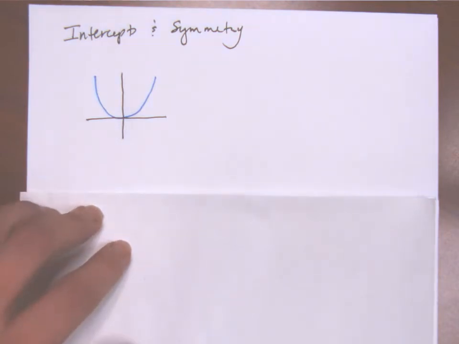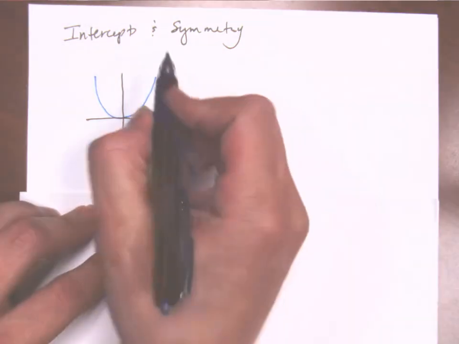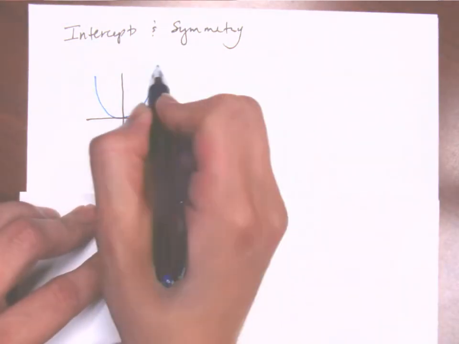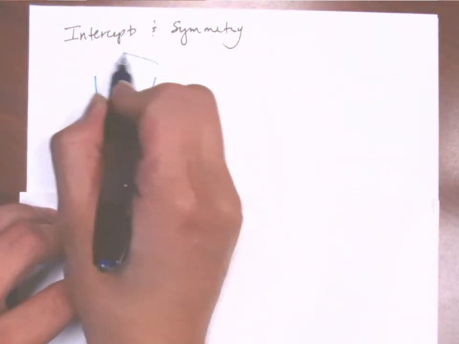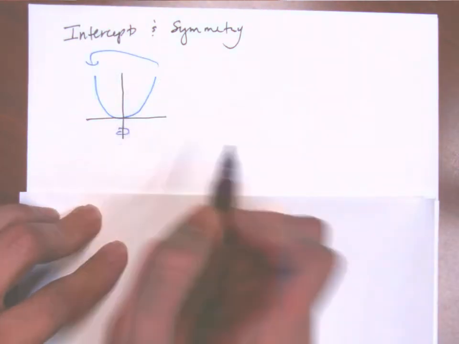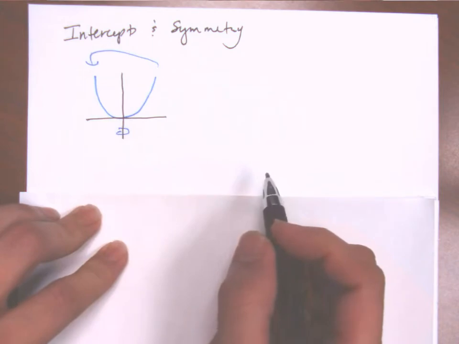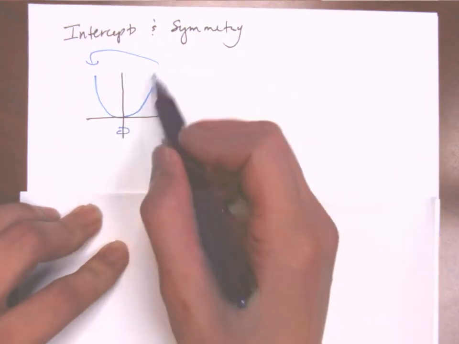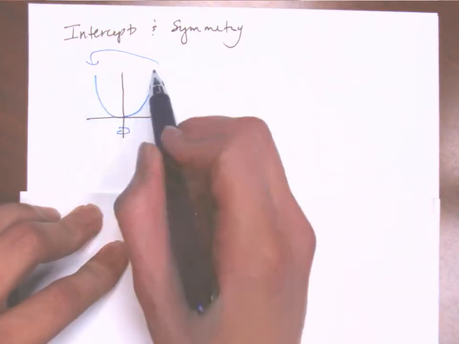When we're talking about symmetry, we're saying that if I were to take this side and spin it around over here to this side, so I'm spinning the whole graph around, I end up in the same place. The graph is still there. It is a perfect mirror image of each other.